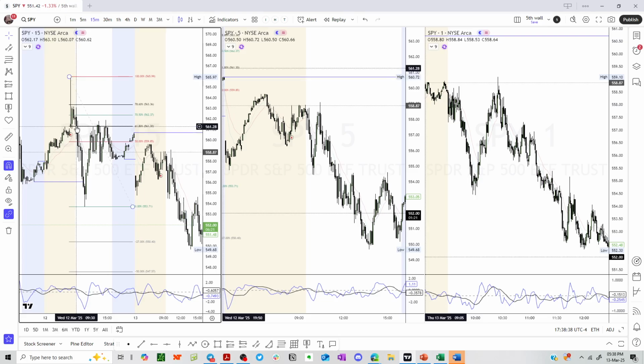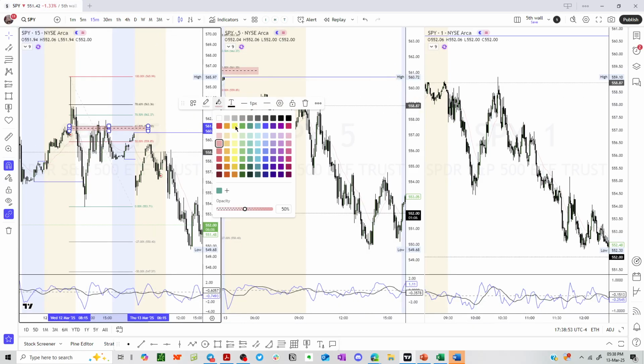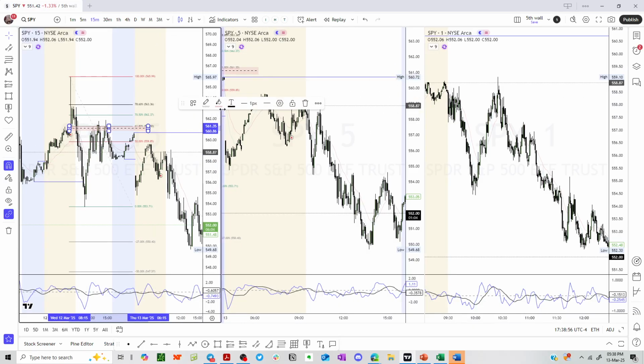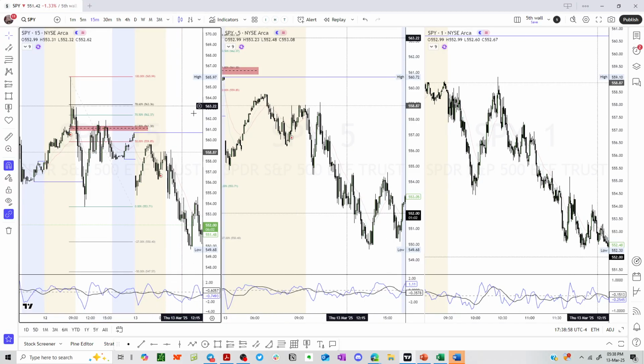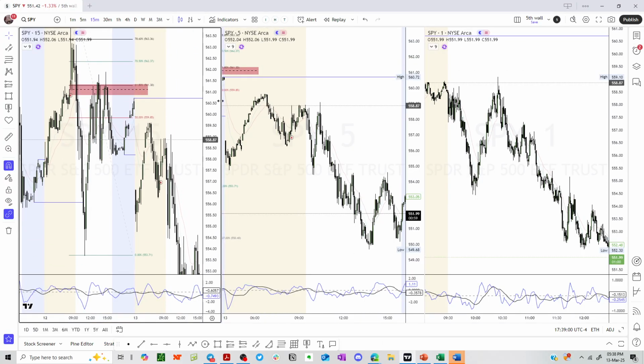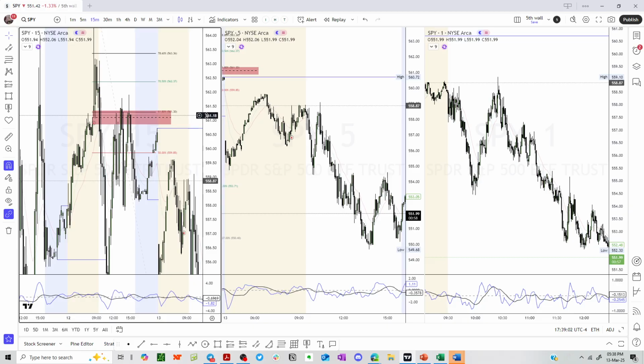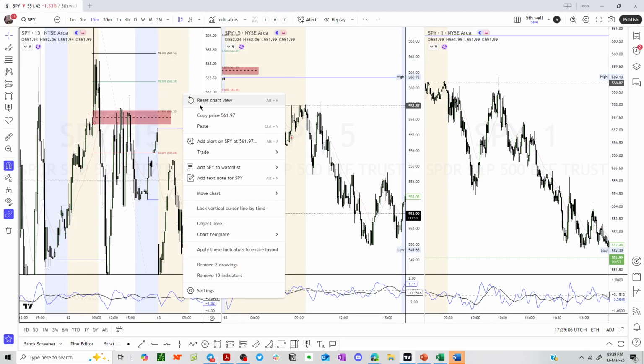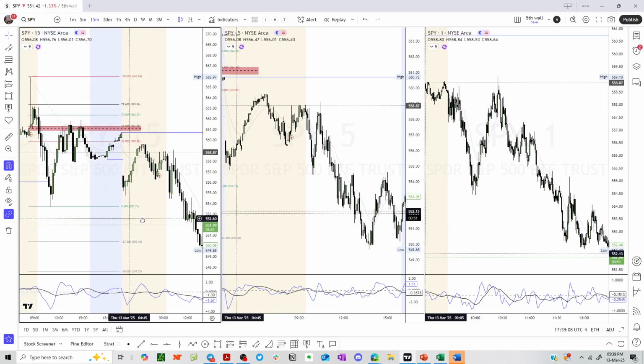So this is a gap. Maybe we can highlight that here to here. All right, is that clear? It's clear, right? So that's the previous day.